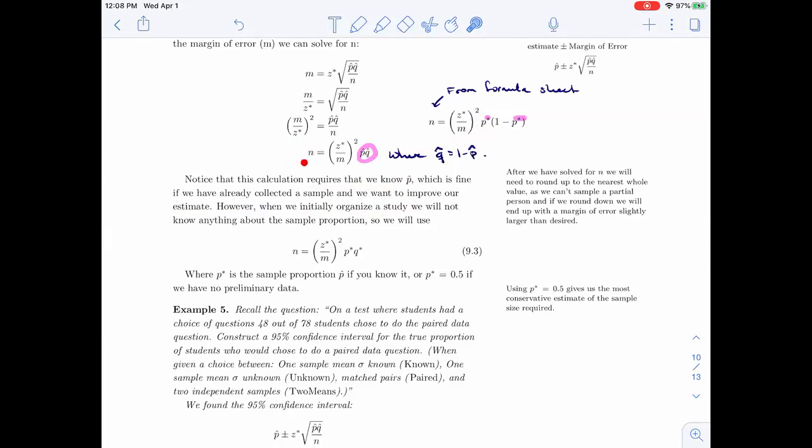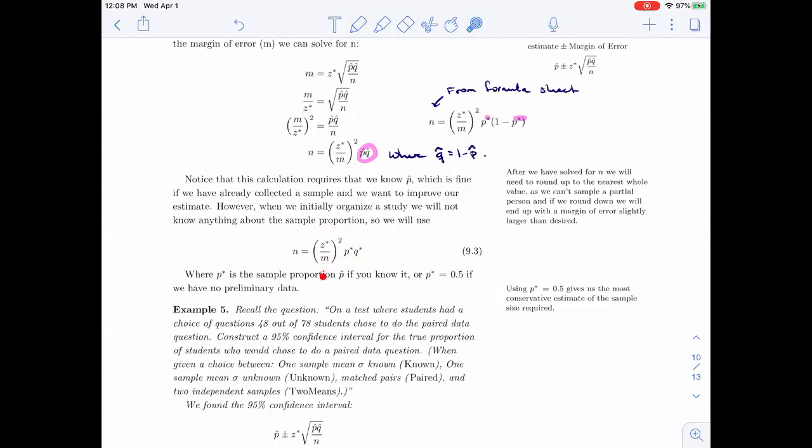It's kind of weird to think that we would already have some sample in mind. So we're not going to know anything about the sample proportion, and that's why we use P star and 1 minus P star. P star is the sample proportion, P hat, if you know it, or P star is 0.5, so we assume a 50-50 split if we have no preliminary data.